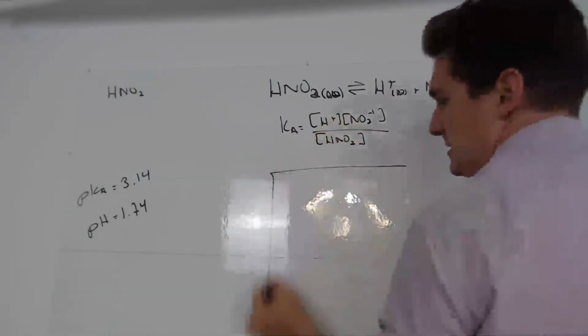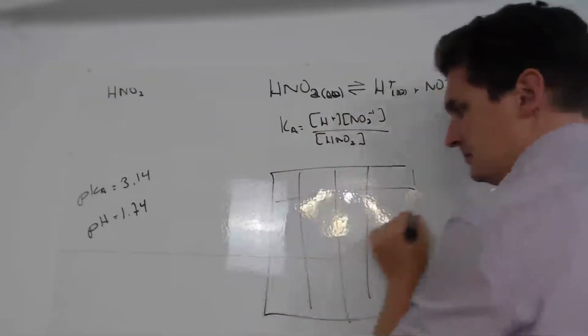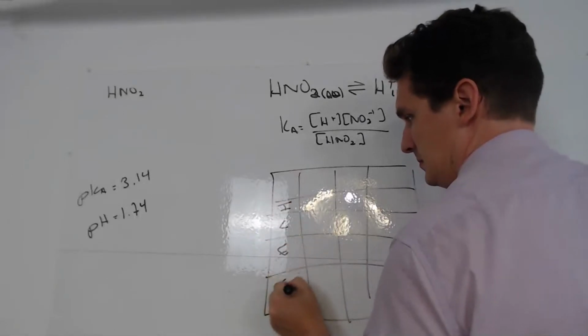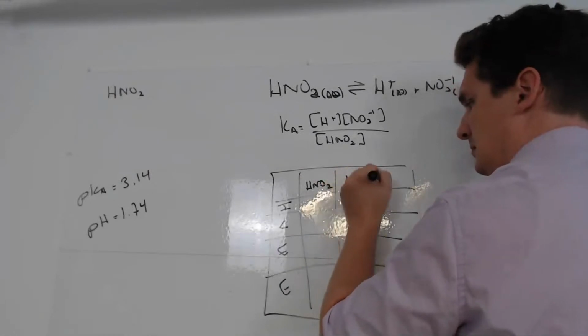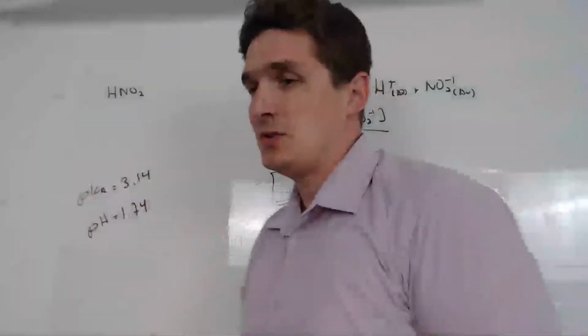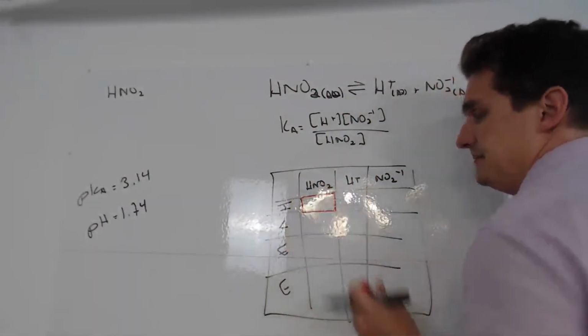And we're going to have to build our ICE table. We're being asked to find the initial concentration, which is this square here.